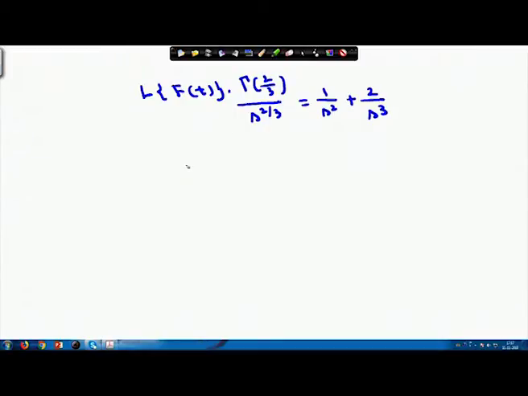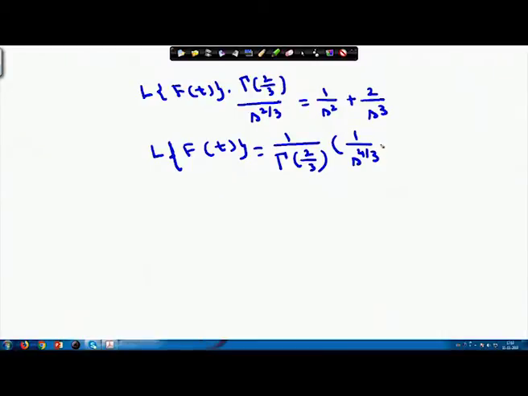And this means Laplace transform of f(t) equals 1 by gamma(2/3), this will come on this side, this gamma function, and this term will become 1 by s to the power 4/3 plus 2 by s to the power 7/3.